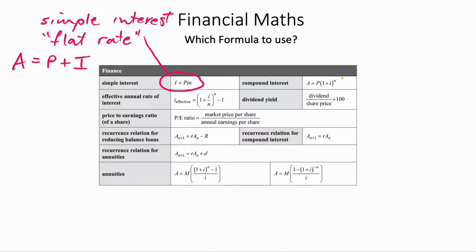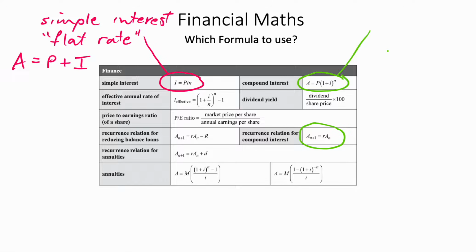Now compound interest, we've got two formulas here that we can choose from on the formula sheet. One's the original formula you would have learnt in grade 9 and 10. What you need to remember with that, if you're looking at questions, they'll give you a clue that the interest is compounded. They'll talk about a compounding period.